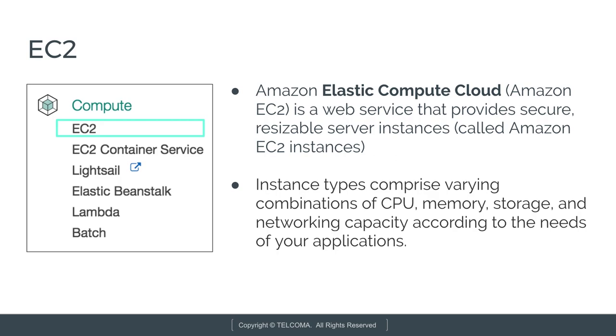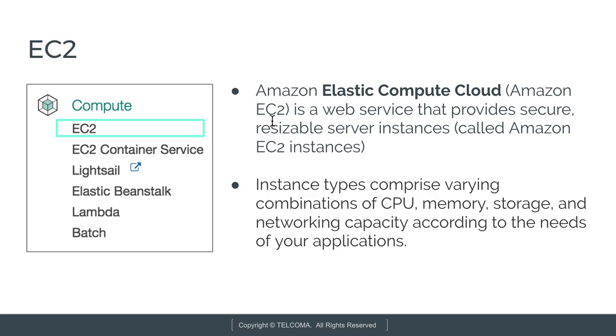Resizable on demand. With the help of this, organizations can obtain and configure virtual servers in Amazon data centers. In Amazon data centers, we have various servers. So EC2 provides organizations a way to obtain virtual servers in Amazon data centers and use those resources to build and host software systems.